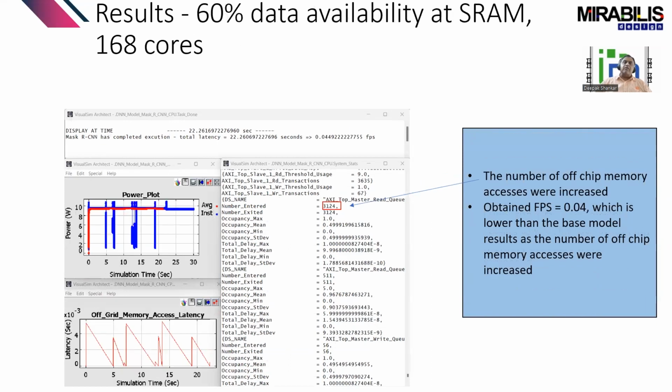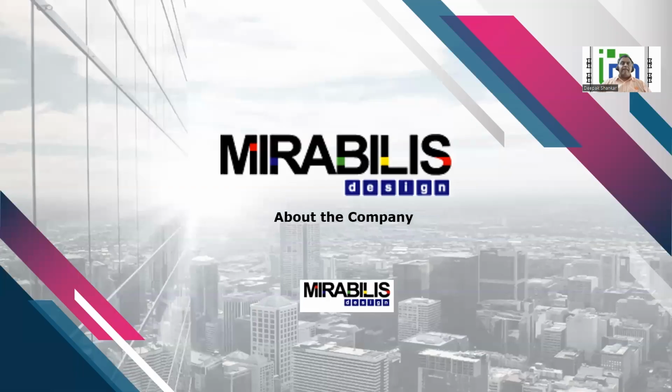I also tried some experiments where I looked at reducing the amount of SRAM completely, but unfortunately the performance dropped to 22 seconds of processing time, and it was 0.04 frames per second. So that's not even part of the proposed solution.